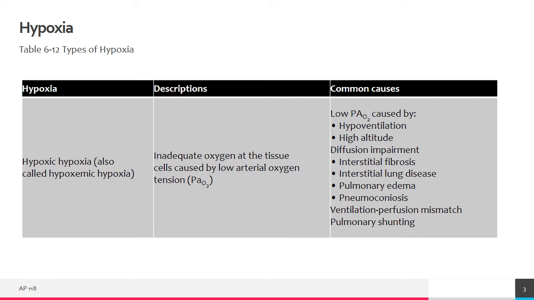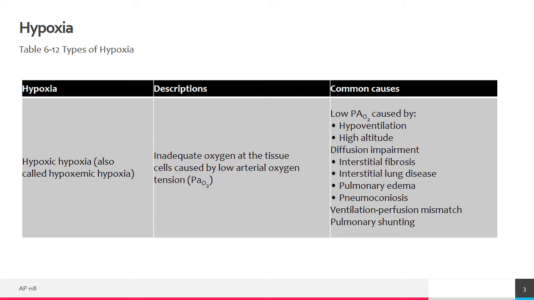Common causes of decreased VQ ratio include chronic obstructive pulmonary disease, pneumonia, and pulmonary edema. The effects of different VQ relationships will be discussed in great detail in a coming video.